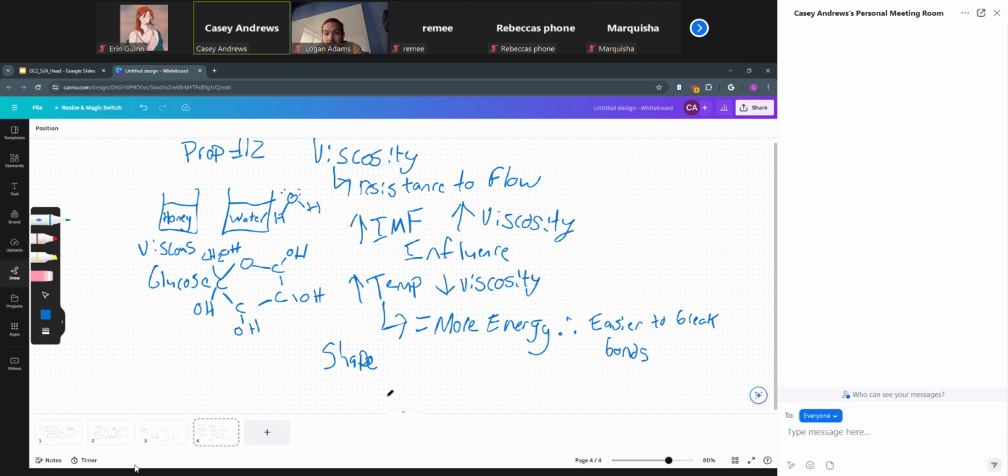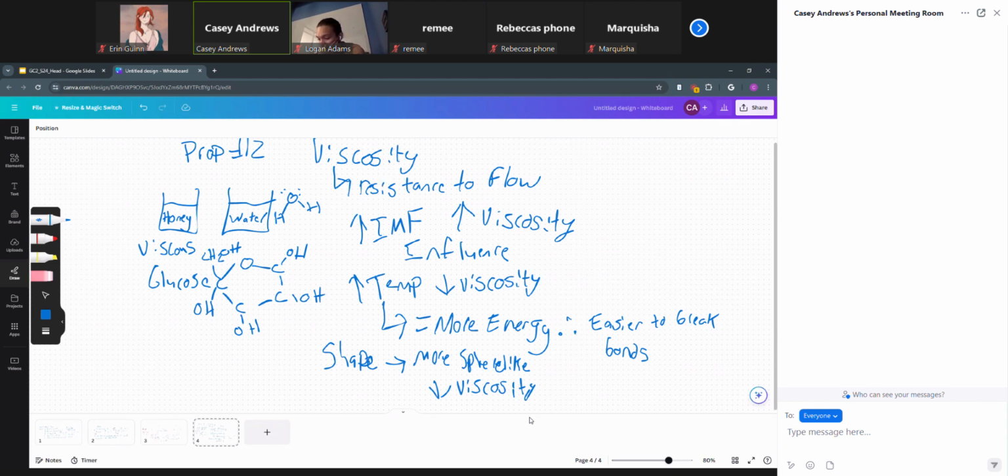A sphere, right? So the more sphere-like your object is, the lower the viscosity. So if your molecule looks like a circle, it's going to be less viscous than something that looks like a line.